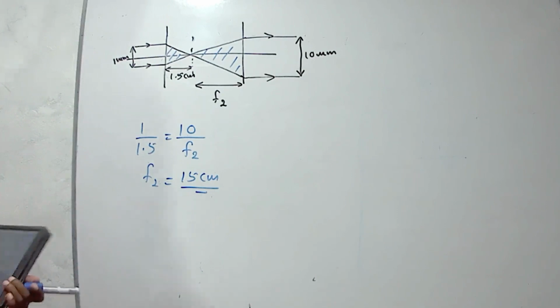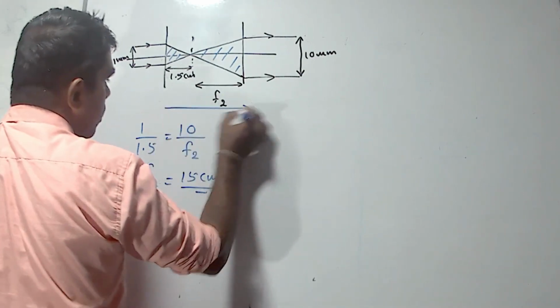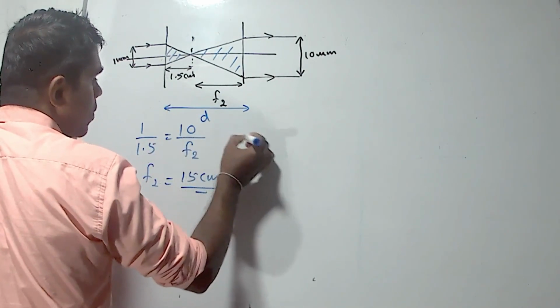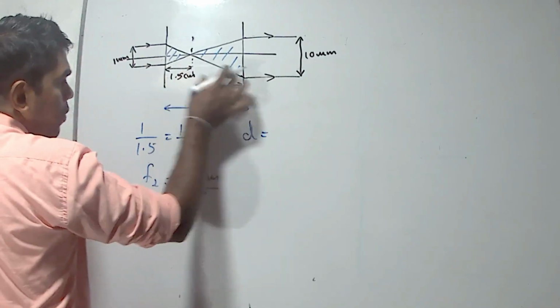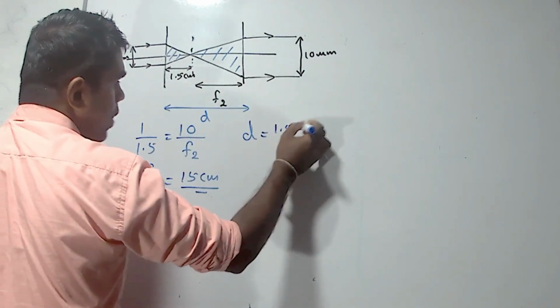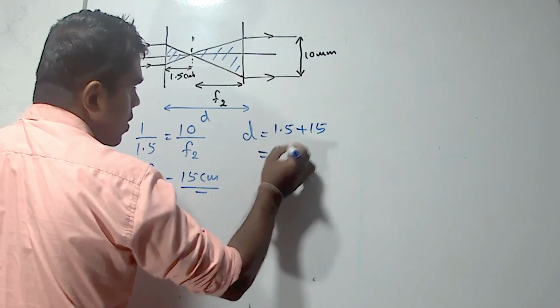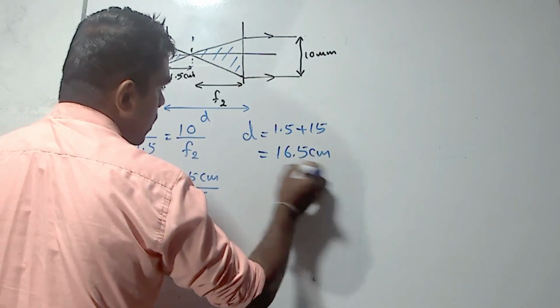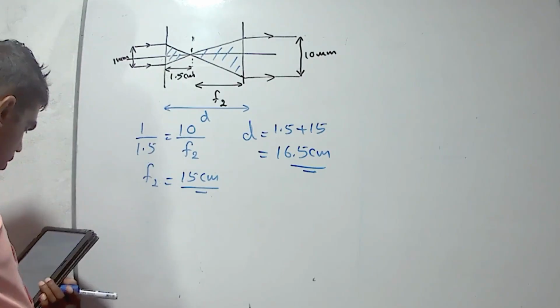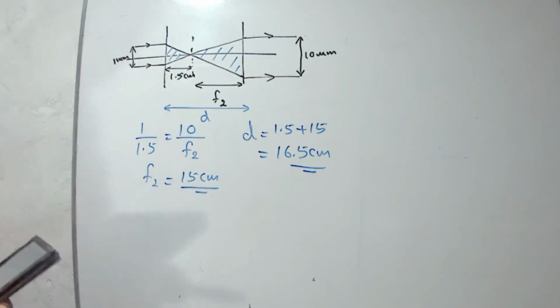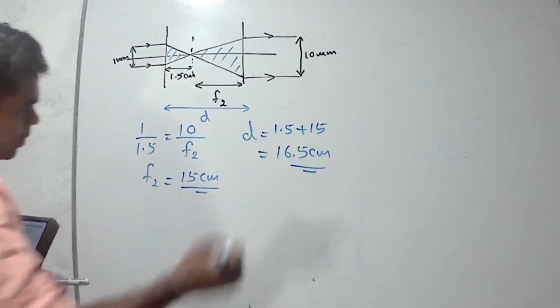Then we can find the gap between the two lenses. This gap should be 1.5 plus f2, f2 is 15. It is 16.5 centimeters. Then the answer is 5.